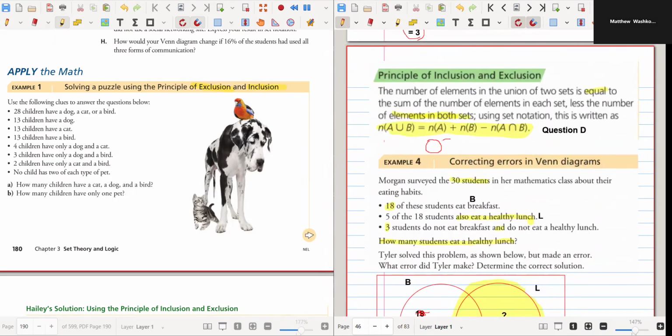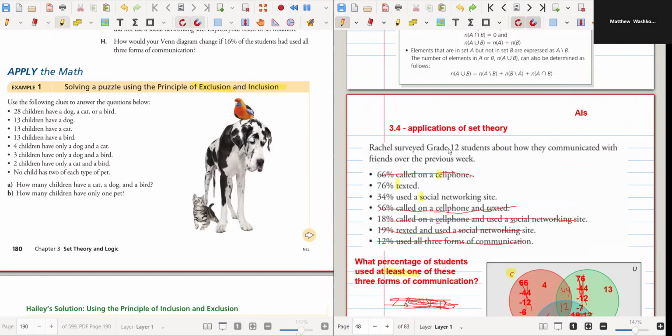If I have two things here, this one's A, this one's B. To find out what A union B is, to find out what both of these things are, I need to take A, which is all of this, and B, all of this. This got counted twice. So I need to subtract that from it to make sure it's only counted once, right? Because right now, I'm counting all of A and all of B. This is counted twice, so I've got to remove that. That's what that is.